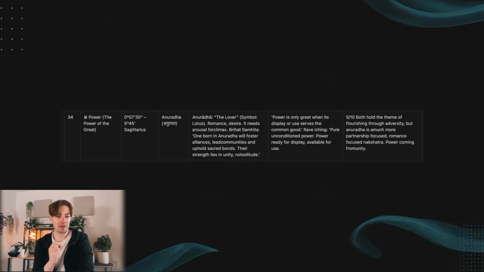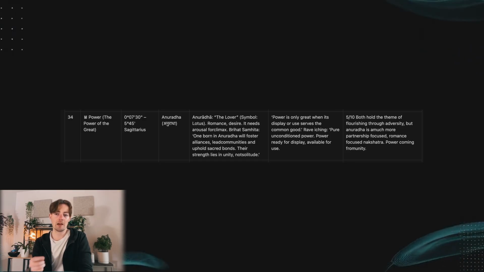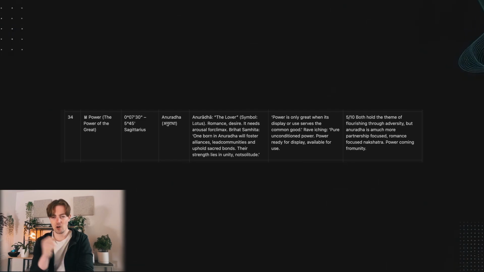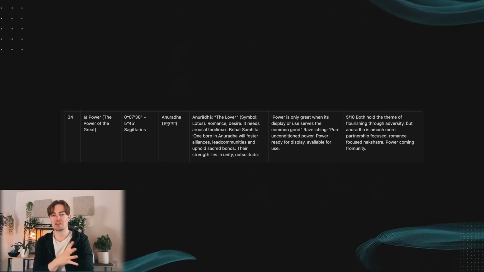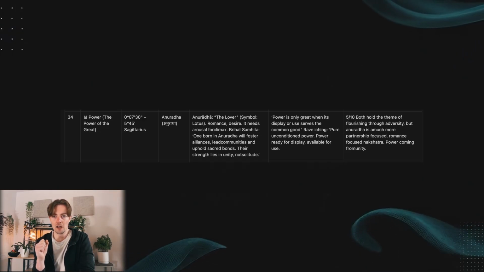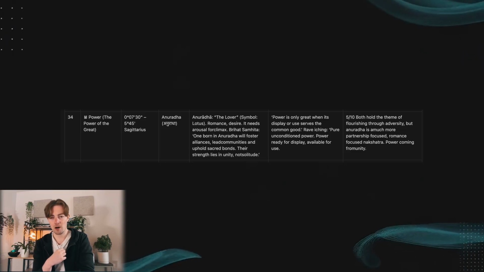The notes that I have for the gate of power, gate 34, is that power is only great when its display or use serves the common good. From the I Ching, pure unconditioned power, power ready for display, available for use. So it's just pure energy, pure power. Just gate of power. I've got a 5 out of 10 match here. Both Anuradha and the gate of power hold a theme of flourishing through adversity, but Anuradha is much more partnership focused.